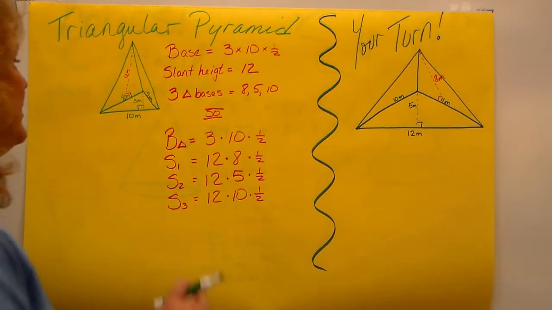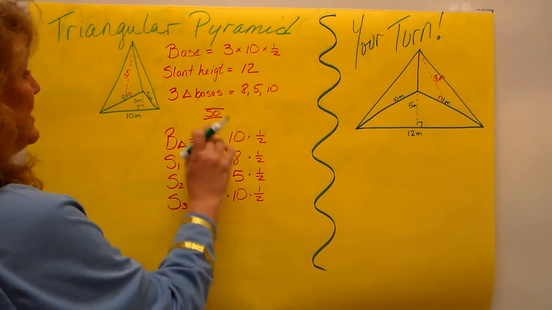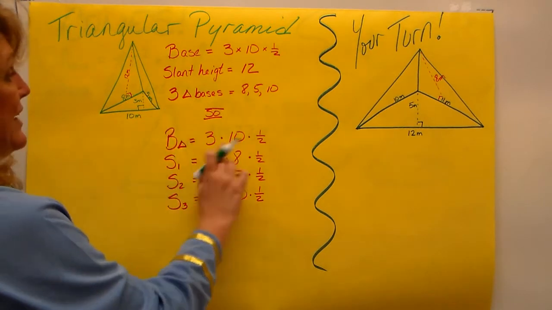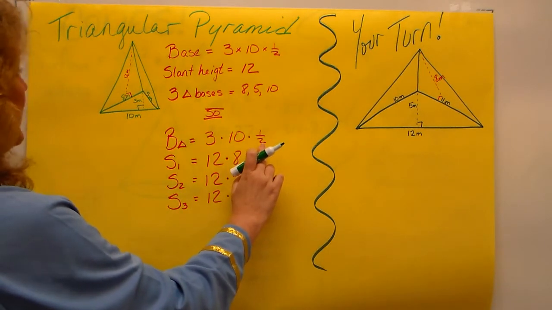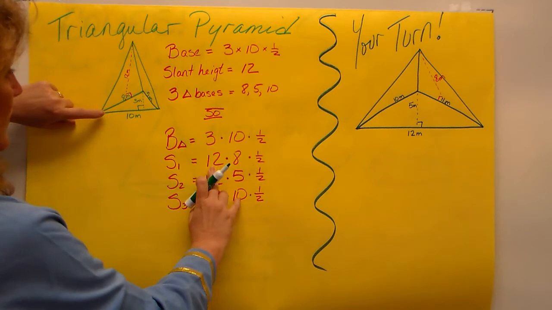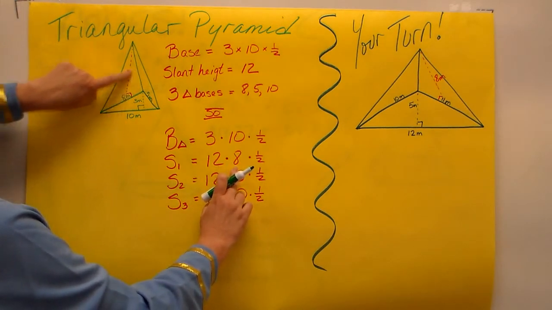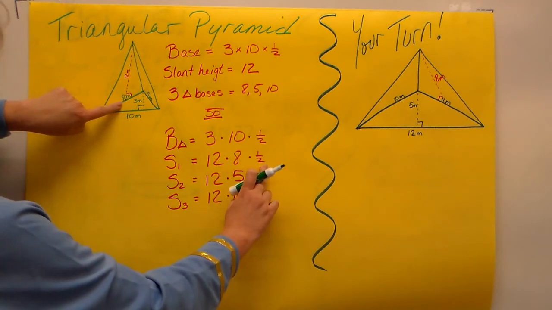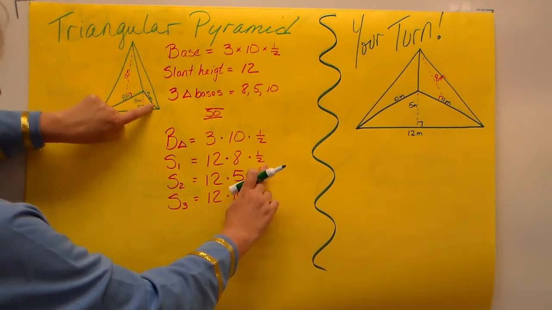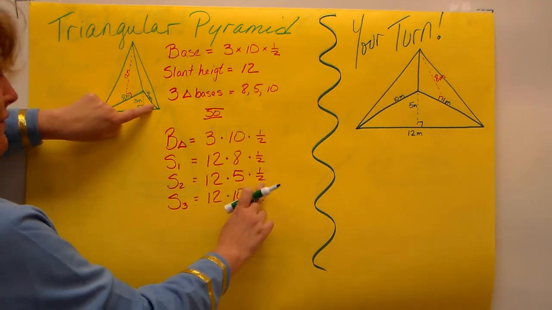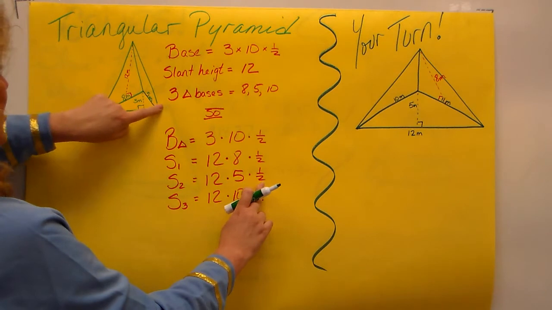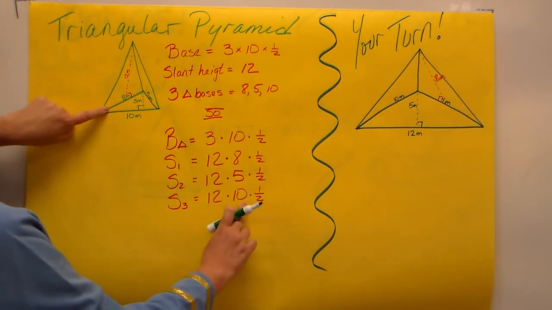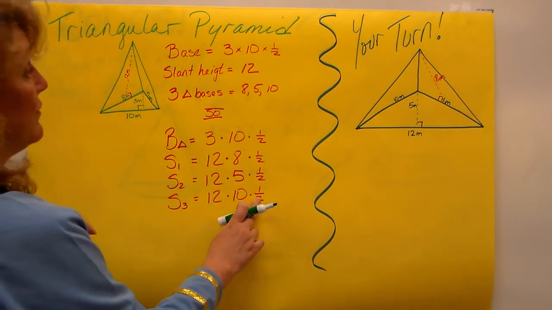The base is going to be 3 times 10 times 1/2, because it's a triangle. Side 1 is going to be 12 times 8 times 1/2. Side 2 over here is going to be 12 times 5 times 1/2. And my side over here is going to be 12 times 10 times 1/2.